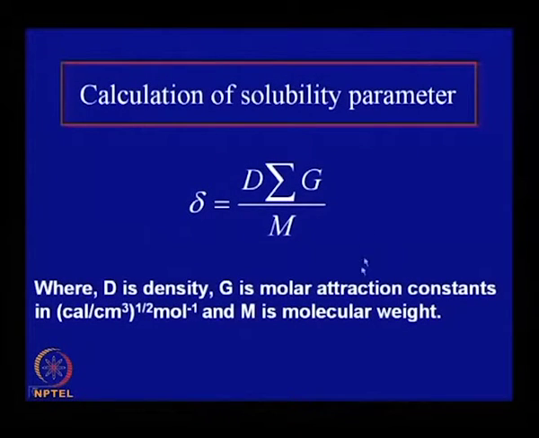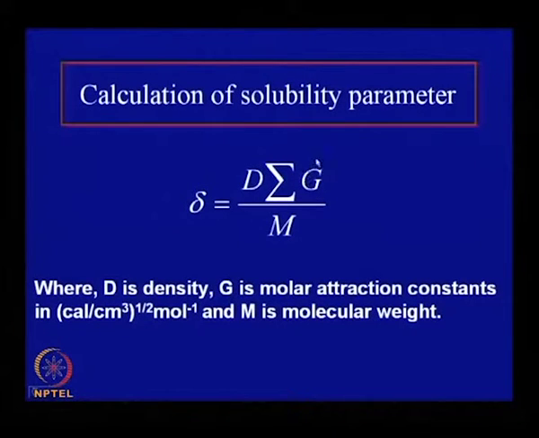As I was telling, the solubility parameter can be calculated from this relation: delta is equal to d into the sum of molar attraction constants, and these molar attraction constants are used as a measure of the cohesive energy density, G values, calories per cc square root per mole, and M is the molecular weight.